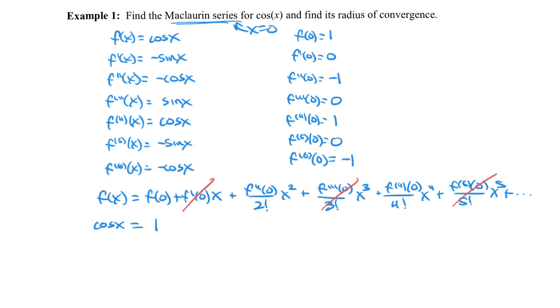So what we'll have is this one, f double prime 0 is minus 1. So I'm going to get minus x squared over 2 factorial. And then I get plus f to the 4th is there. F to the 4th, that's going to be 1. So it's going to be 1 times x to the 4th over 4 factorial.